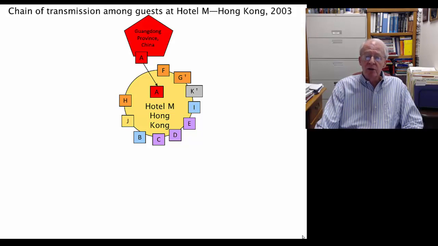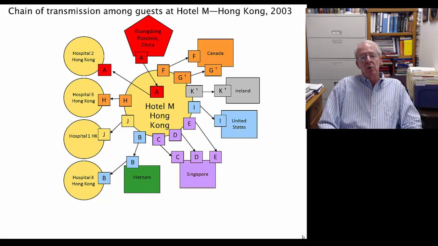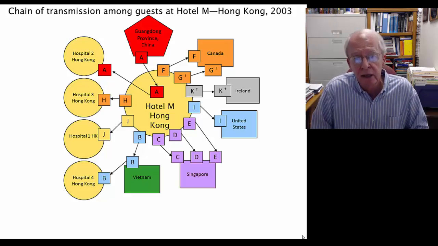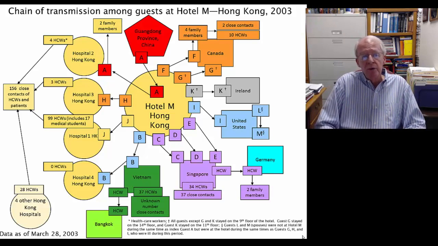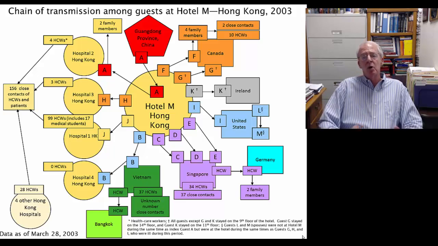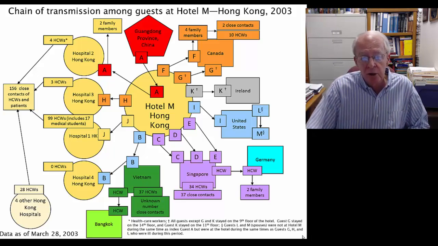Those individuals continued their journeys, subsequently became ill, and were hospitalized at hospitals in Hong Kong, in Vietnam, in Singapore, in the US, in Ireland, and in Canada, where they transmitted their infections to healthcare workers, family members, and other close contacts. This one episode, this scenario in the Hotel Metropole, was responsible for much of the early global dissemination of SARS coronavirus.